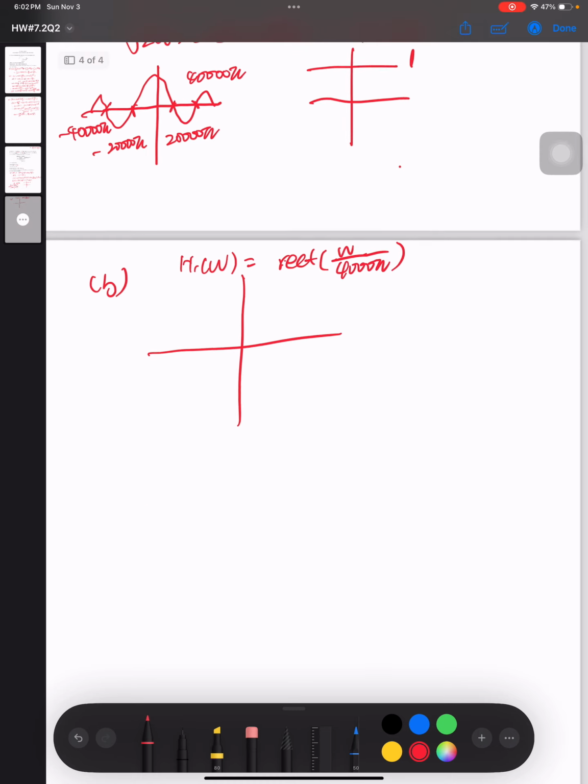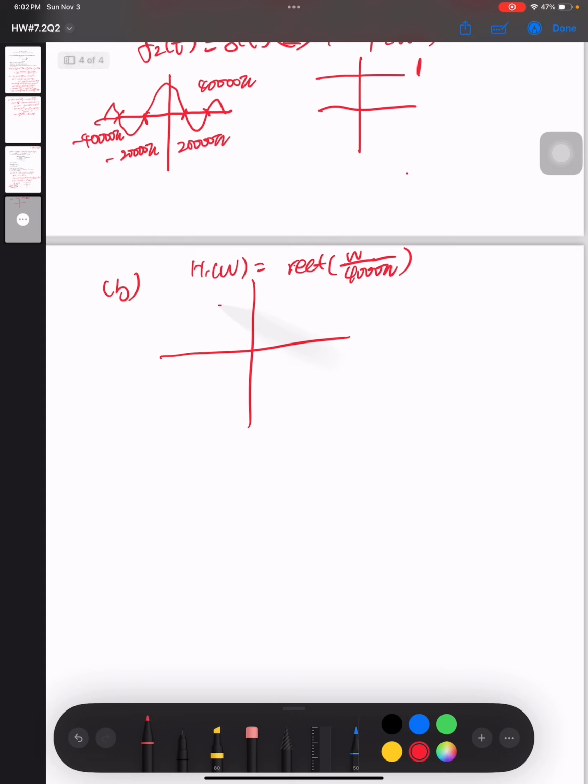So it's just this, and this is minus 20,000 pi, and this is 20,000 pi.